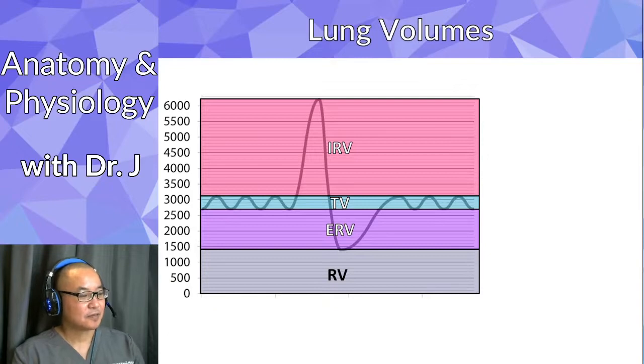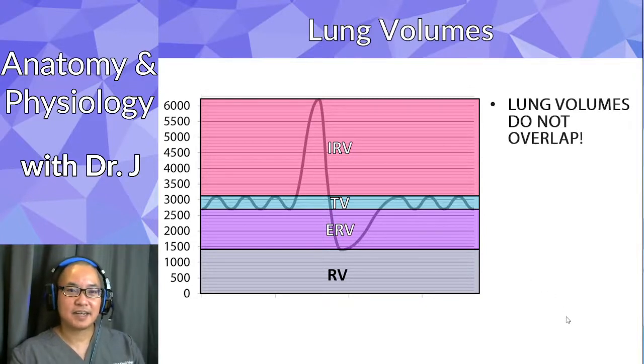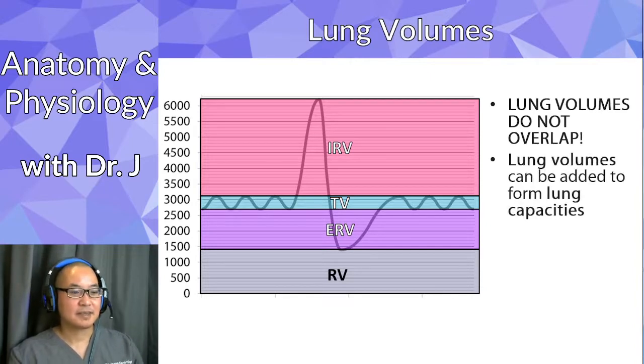Now, with the lung volumes, by definition, again, inspiratory reserve volume is how much more you can breathe in, expiratory reserve volume is how much more you can breathe out, and residual is what's left. These lung volumes do not overlap. By definition, they can't overlap, but capacities can overlap.